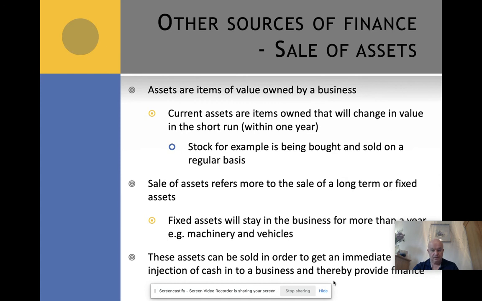Now, if we choose to sell some of those assets, maybe they've got to the end of their useful life, that means that if we sell at a price, we can get an immediate injection of cash into the business, and that provides a source of finance for the business to maybe develop in a slightly different way as a result.